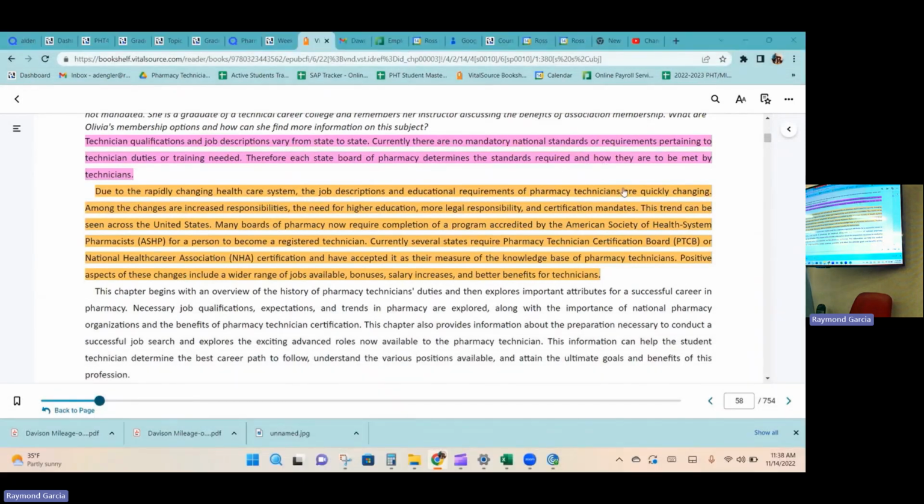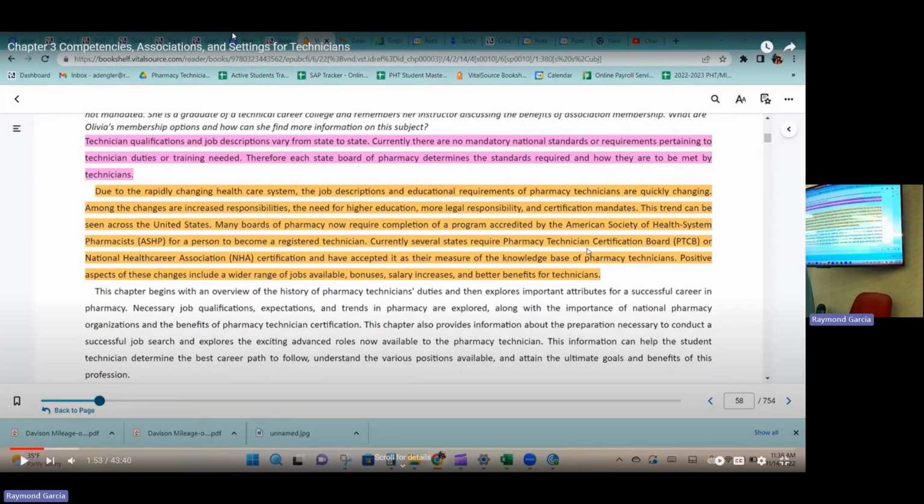Many boards of pharmacy now require completion of a program accredited by the American Society of Health System Pharmacists, which is the ASHP, for a person to become a registered technician. And of course, our program is accredited by the ASHP, which you're currently in. We're accredited through ASHP and PTCB. So that is why you're allowed to take these types of courses.